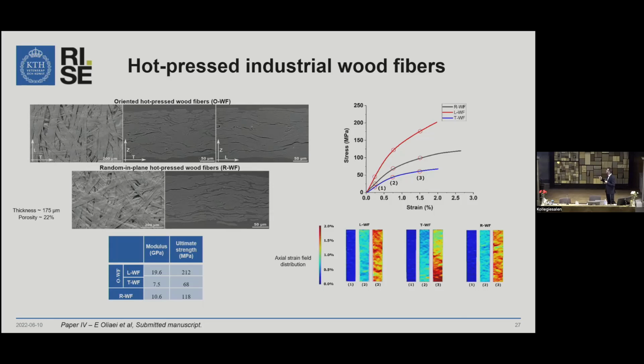This is for the transverse direction hot pressed wood fibers. This is relatively higher. These large and compliant regions are related to defects and micro cracks and differences in thicknesses of these structures.